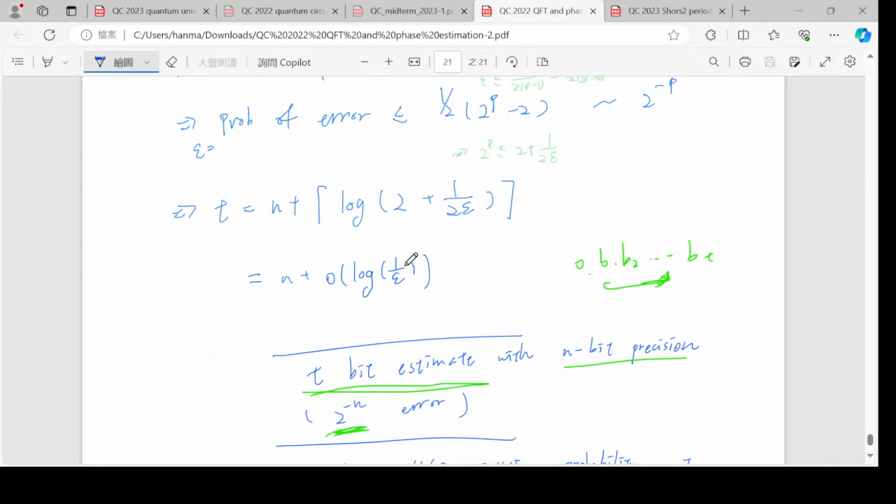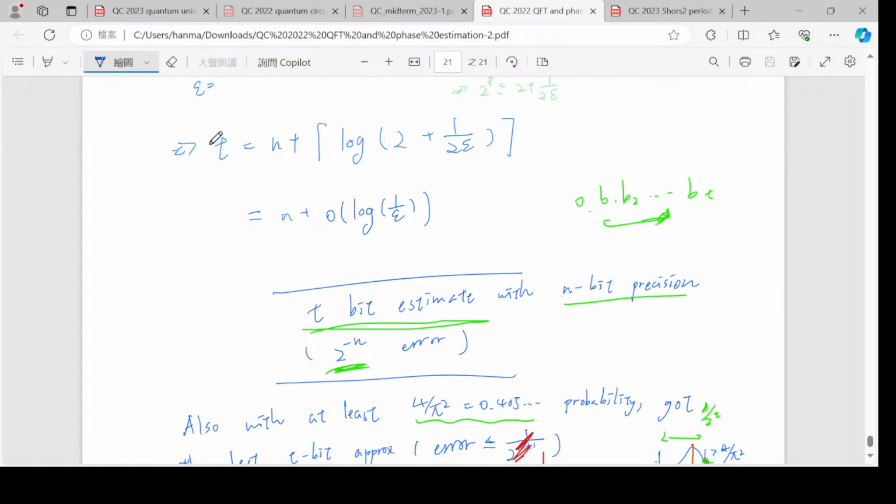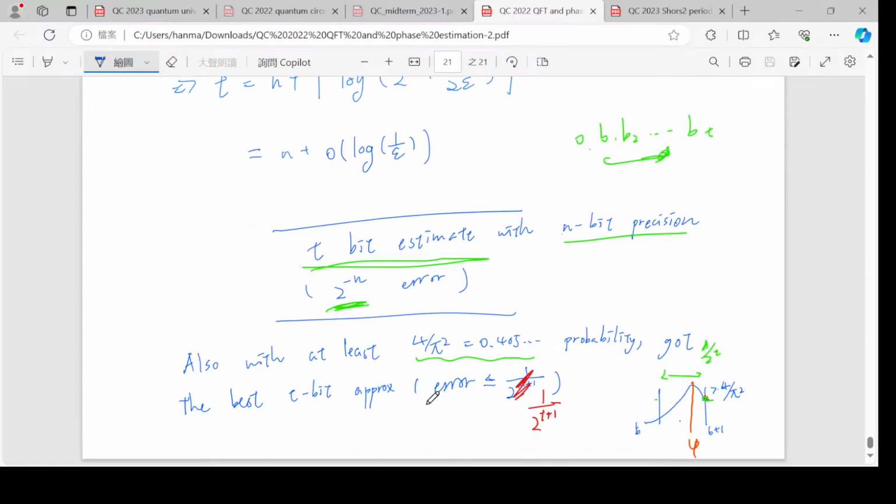You can choose your epsilon to be 0.01. But if we allow epsilon to be large, like 60%, then we can get every bit of precision with constant probability. So we have a 60% chance of getting an error, but we still have a 40% chance to get a totally correct answer in t bits.